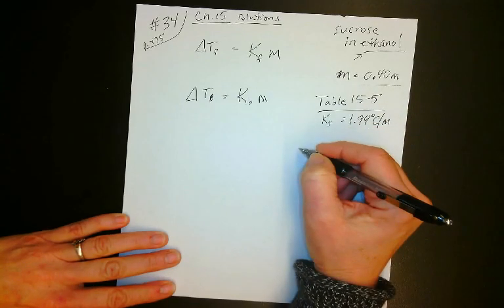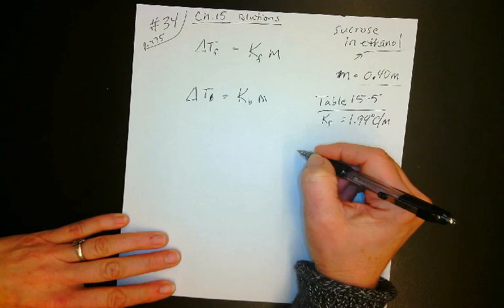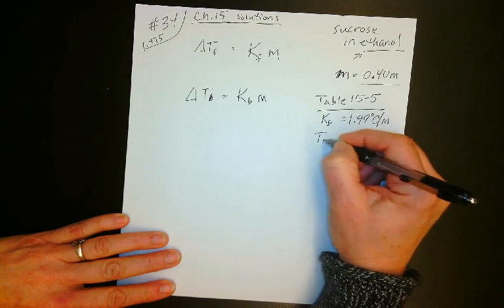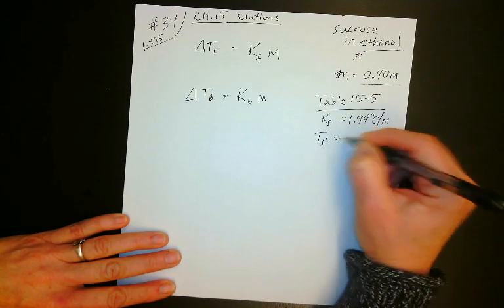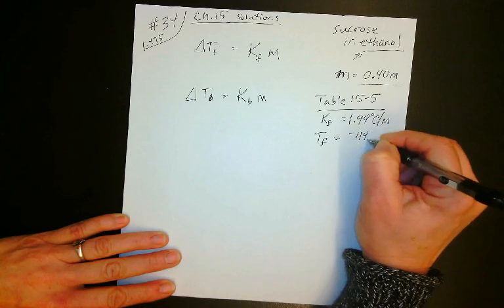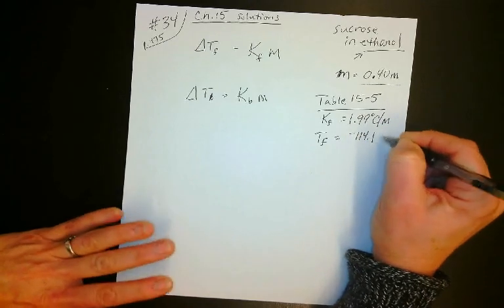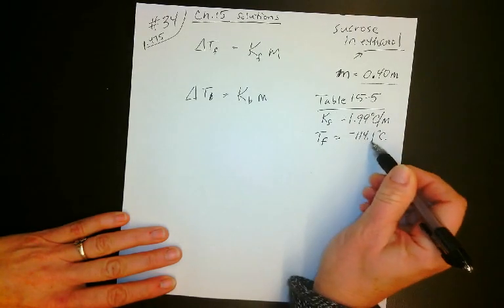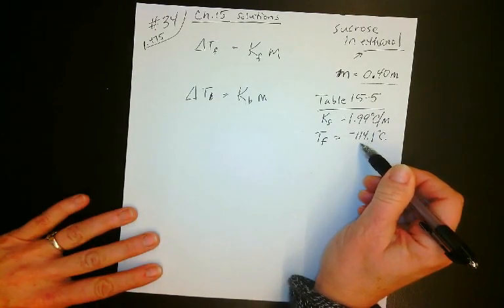And then my actual freezing point, the T value for freezing, was negative 114.1, which makes sense because it takes a lot to get it to freeze. It has to be really, really cold. Just a standard freezer won't freeze it.